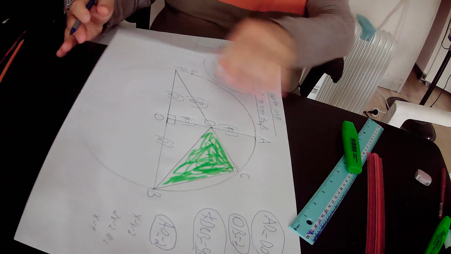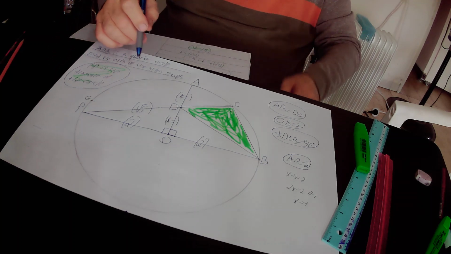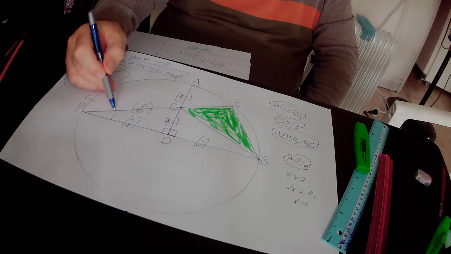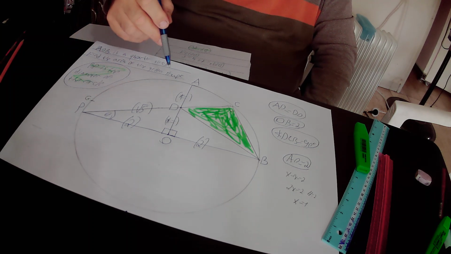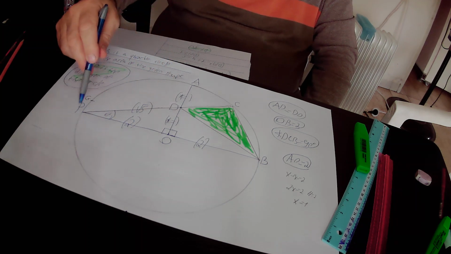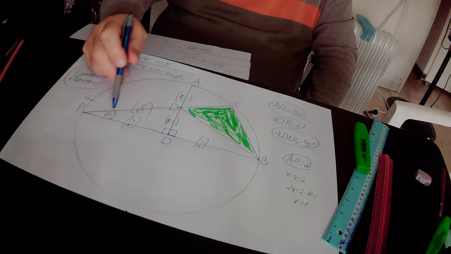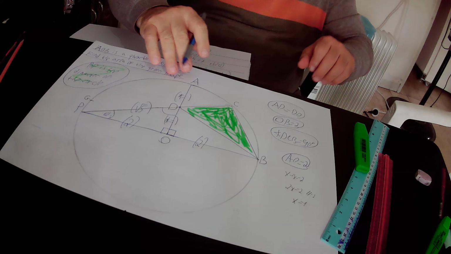In the next step, we define the size of angle DPO. This angle is theta, and we focus on the right triangle DOP. In the right triangle DOP, this angle equals theta, this angle equals 90 degrees, therefore the missing angle must be equal to 90 degrees minus theta.